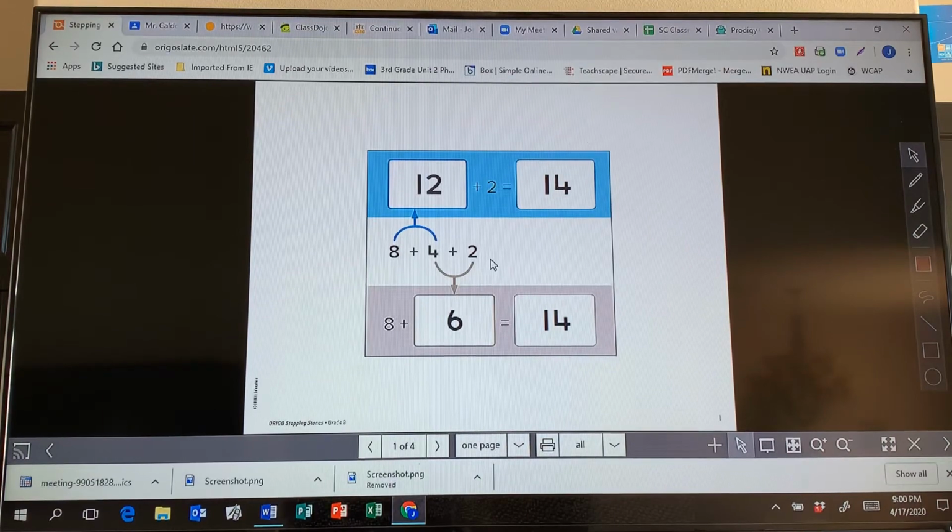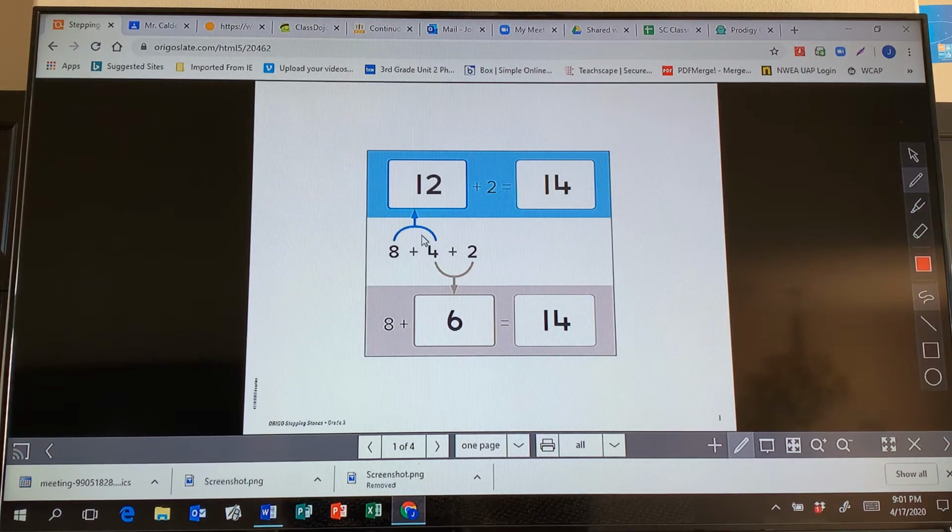I apologize for just getting this one up, but it looks like you could possibly benefit from having the opportunity to see how this is done. So basically, this is showing us how we can break a problem down into an easier type of problem. If we look here on the screen, we have 12, and 12 can be broken down into two parts.